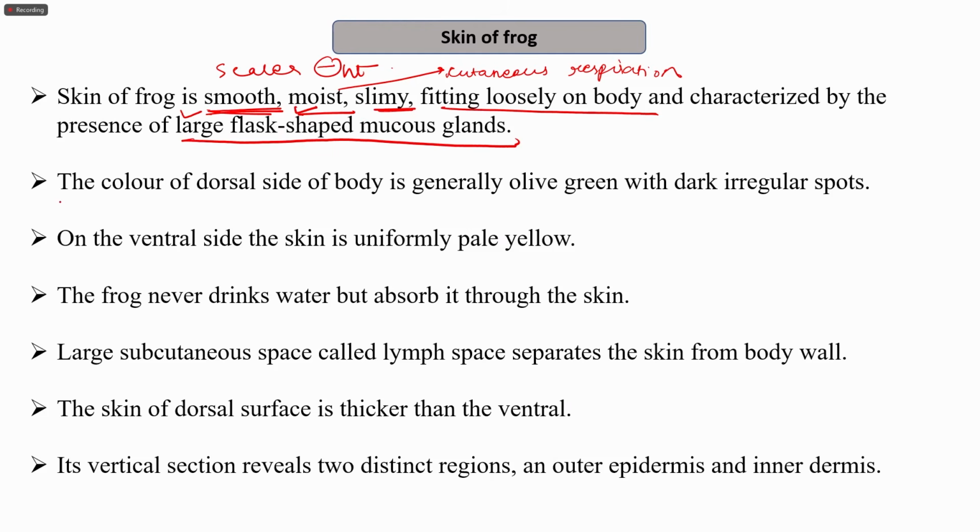The color is very important. The color of the dorsal side of the body is generally olive green with dark irregular spots, while on the ventral side the skin is uniformly pale yellow.